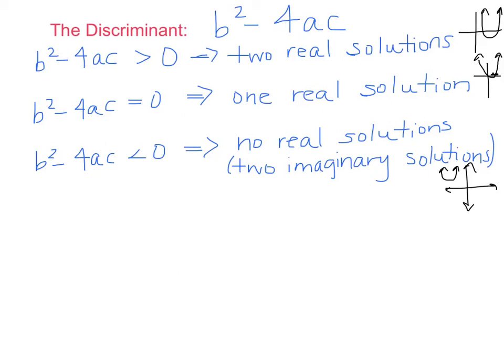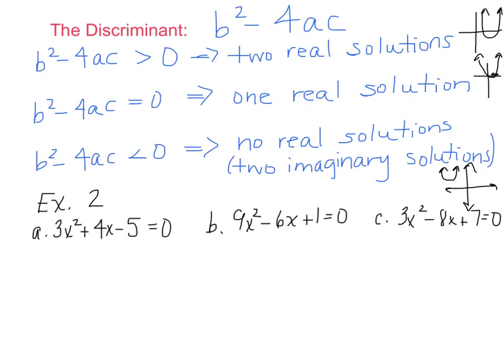Okay, so let's try a couple examples. All right, so we're going to compute the discriminant for each of these problems. So remember, we're going to do b squared minus 4ac. So a is 3, b is 4, and c is negative 5.